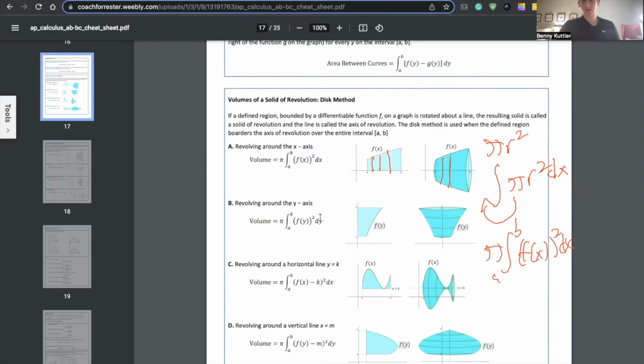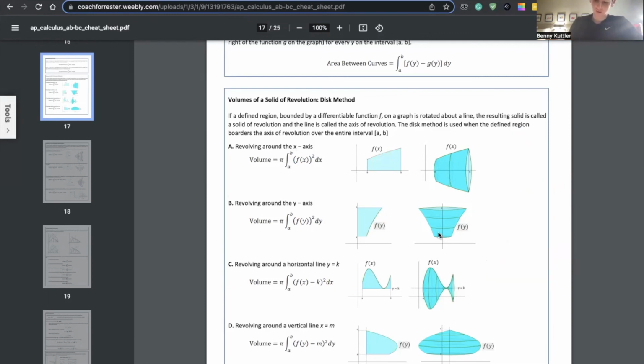Now, the same thing applies to the y-axis. So if you're revolving something around the y-axis instead of the x-axis like it is here, so rotating horizontally, but around a vertical axis, like this pen here, you're rotating around here, and before we were rotating like this. Now, instead of functions of x, we're just going to do functions of y.